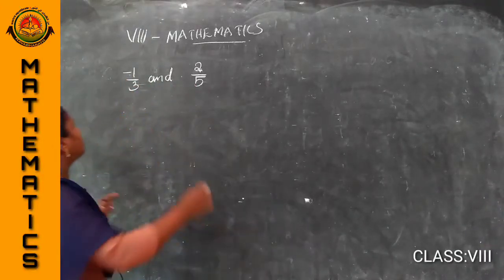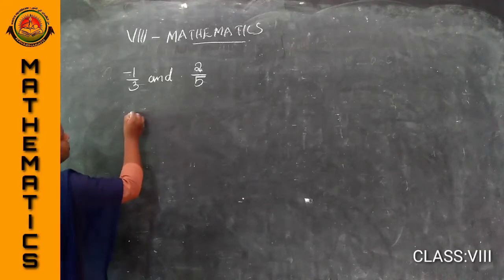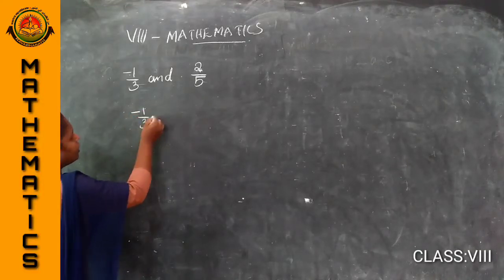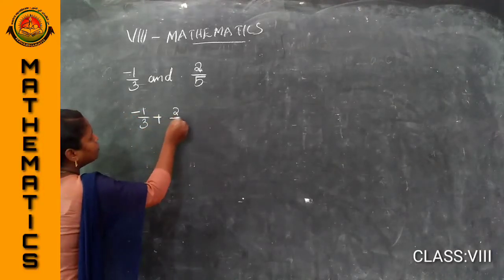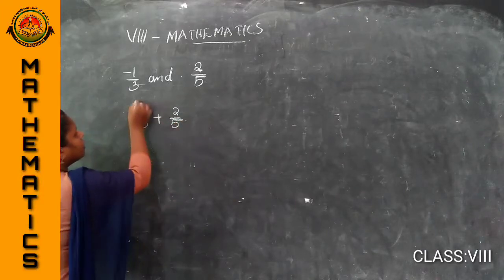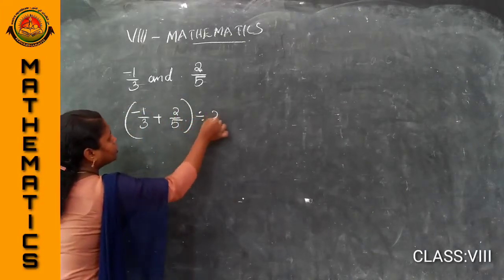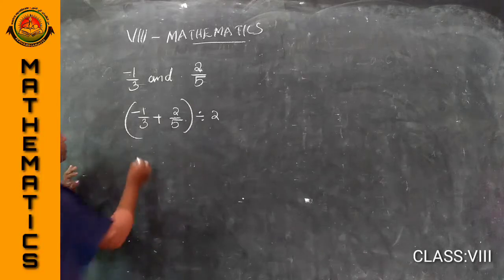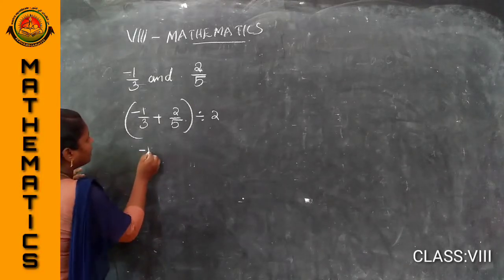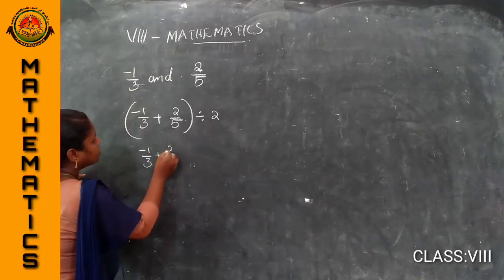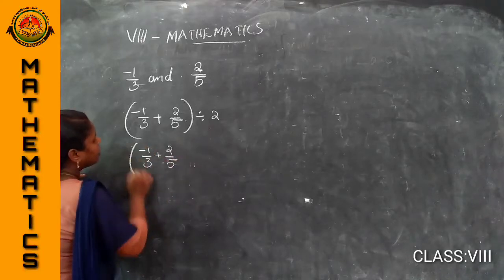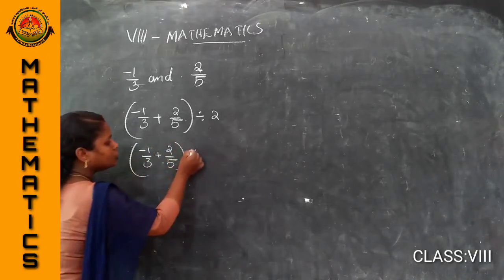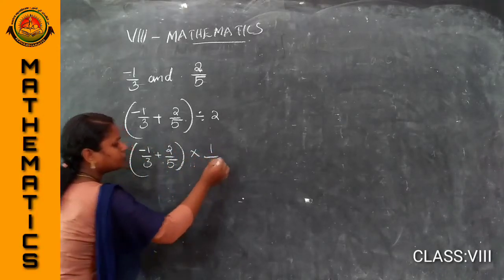So we can apply the second method: negative 1 by 3 plus 2 by 5, divided by 2, that is, multiplied by 1 by 2.